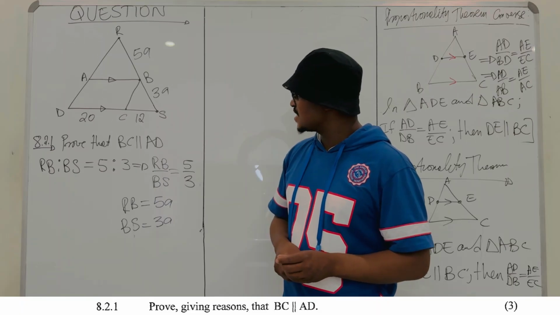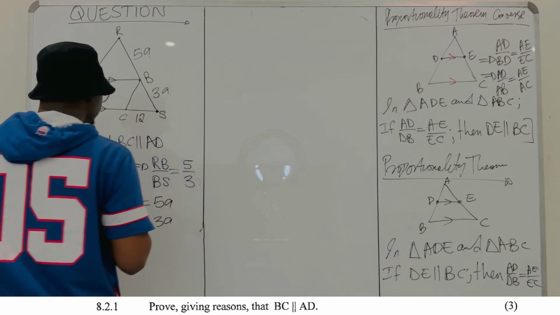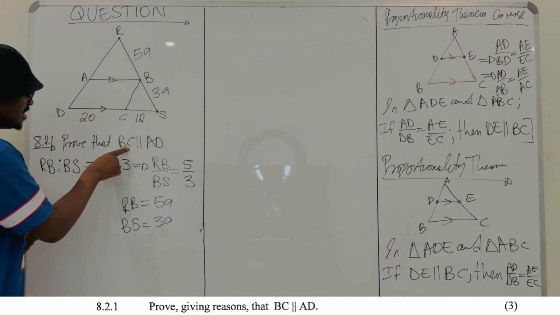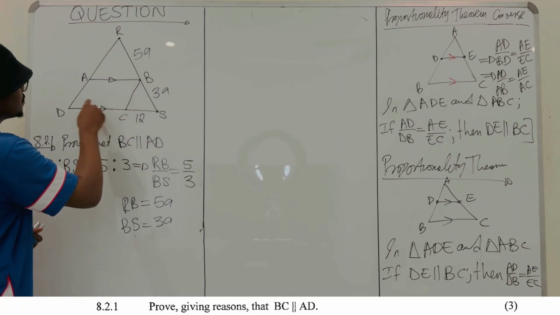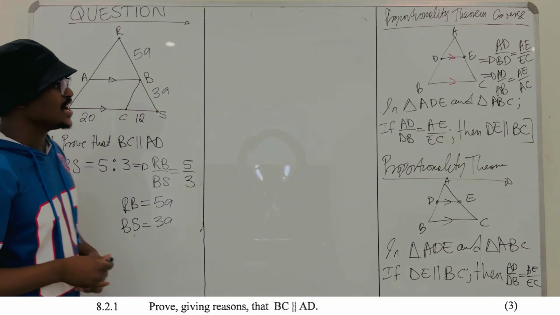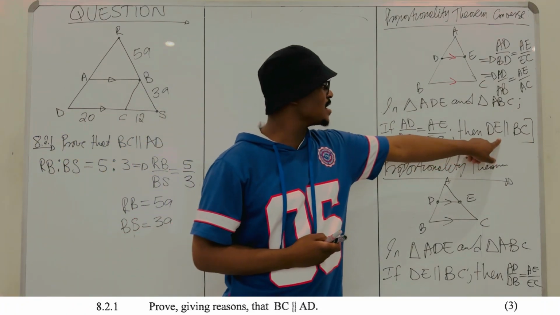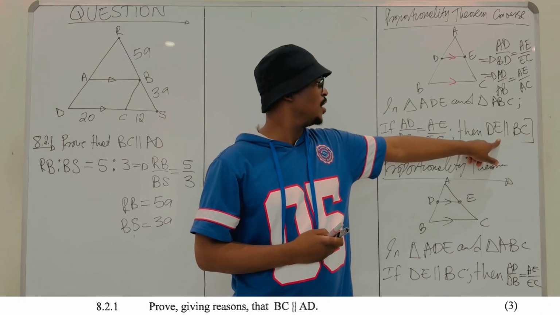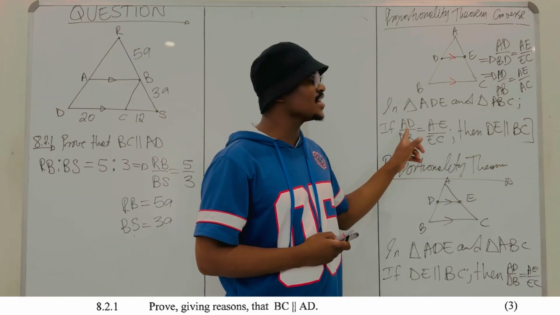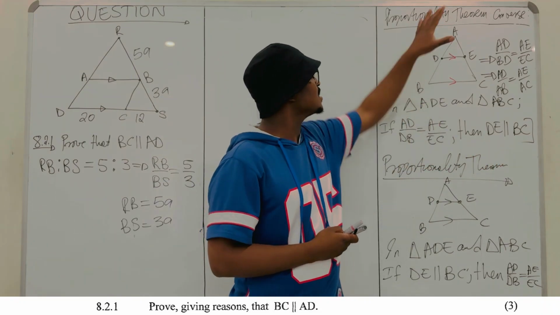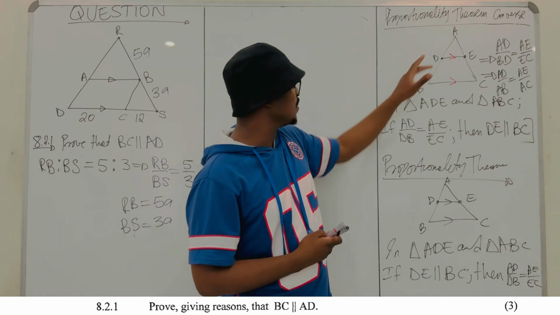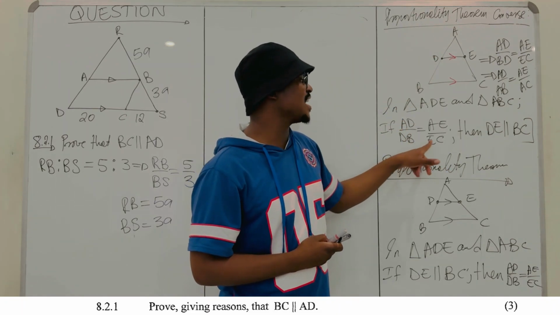So in this case, they want us to prove that BC is parallel to AD, which means they want us to prove this line is parallel to that line. So if we want to prove the parallelness of lines, we can apply the converse of the proportionality theorem and show that the ratios of the corresponding sides are equal.